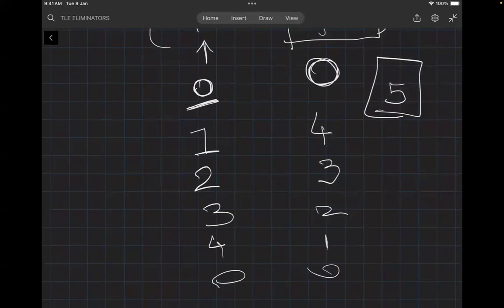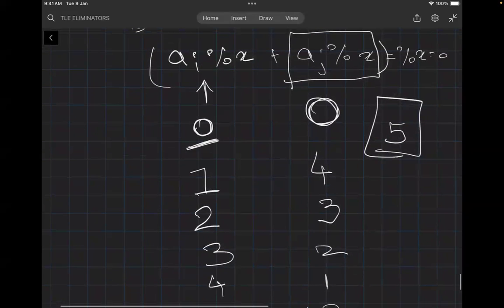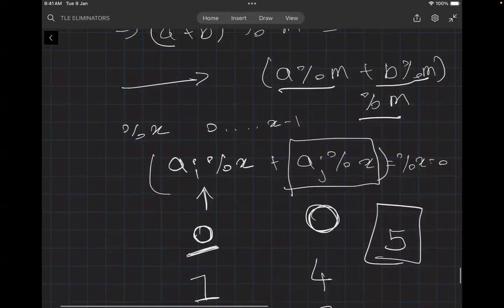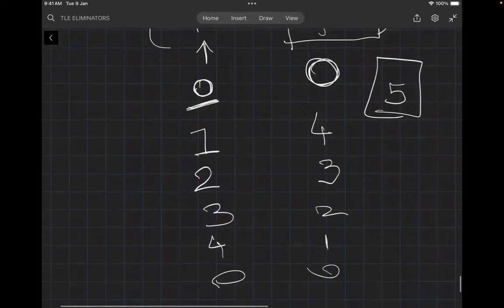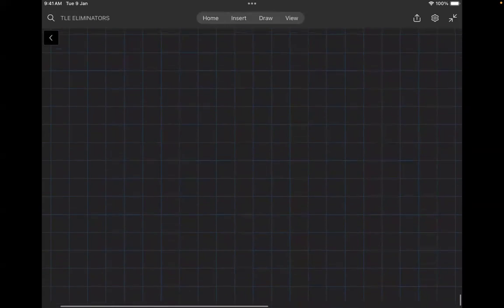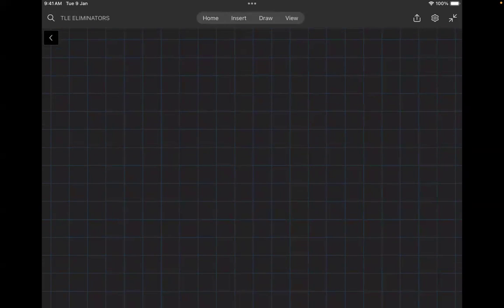One small note: can you give some proof for how A plus B mod M will be A mod M plus B mod M, the whole mod M? It's just a general formula.